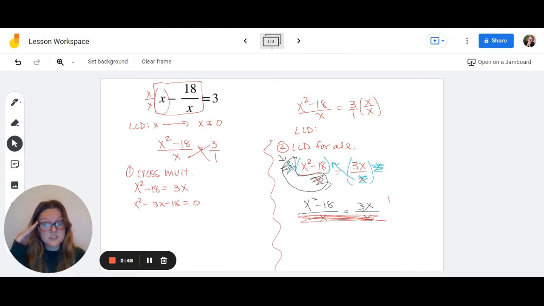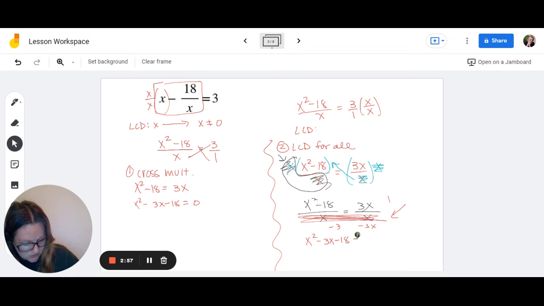As long as you understand why it happens, I'm okay with you canceling out these denominators. Then if I subtract 3x from both sides, I get x squared minus 3x minus 18 is equal to 0. And we're back at the same spot. I don't care which method you use, as long as you are setting your restrictions in both methods and you understand why your method works. Totally fine.